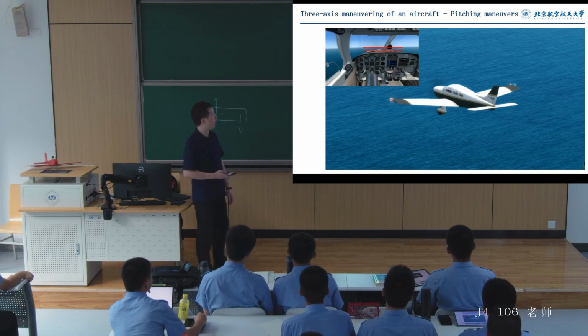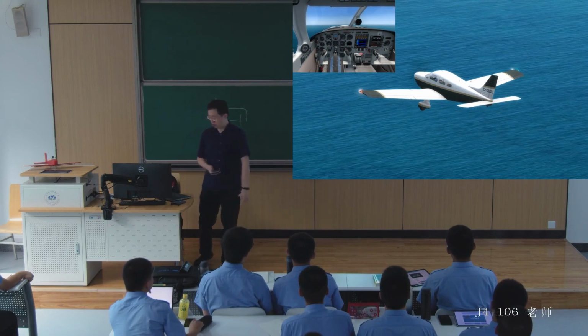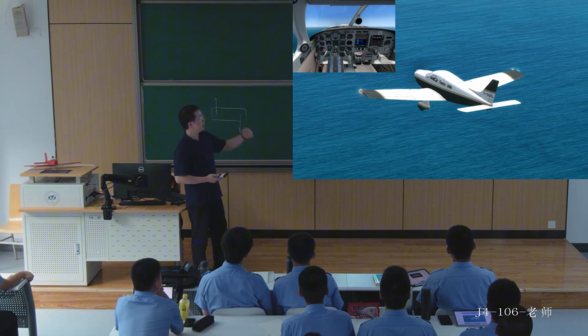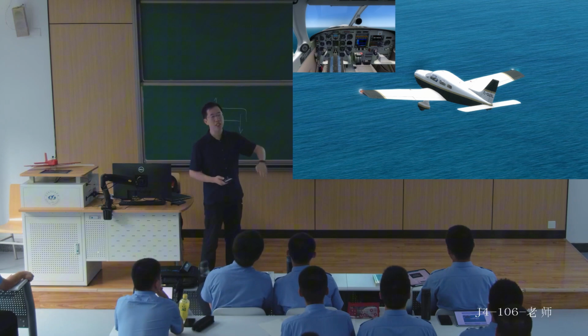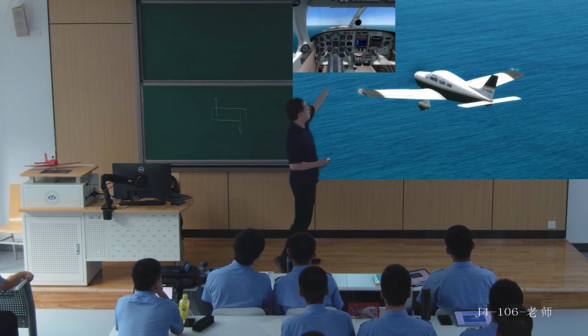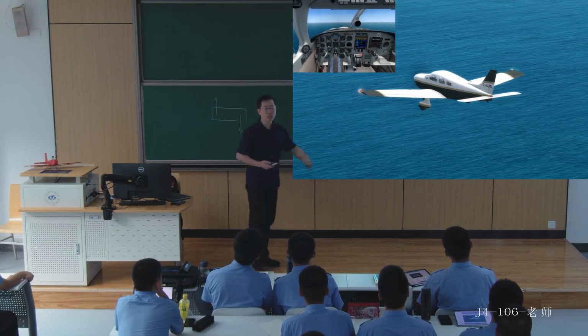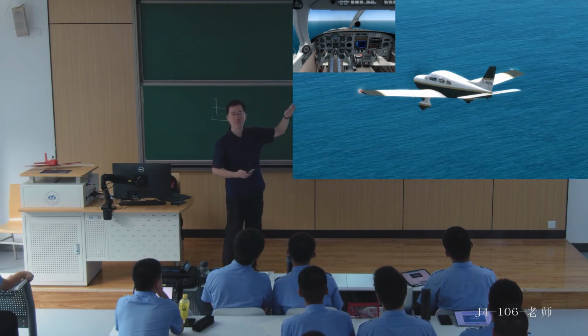Let's take a look. You can see that once the operation is maintained, there is initially a change in angle, observed through the windshield. How is the distance between the windshield and the horizon? It changes, right? So what happens after the aircraft first pitches up? It moves away, right?